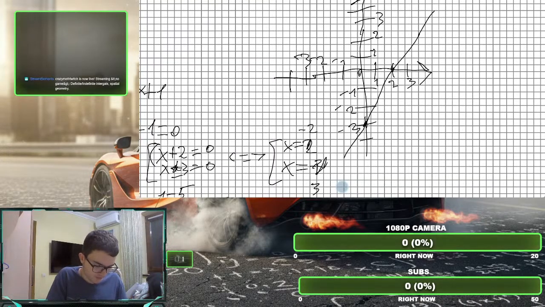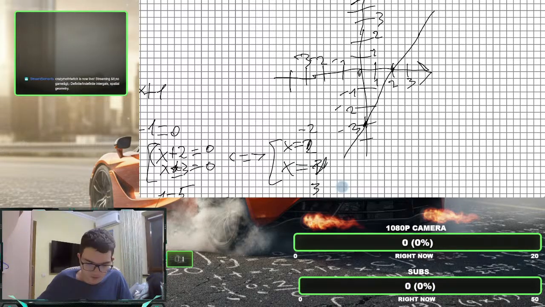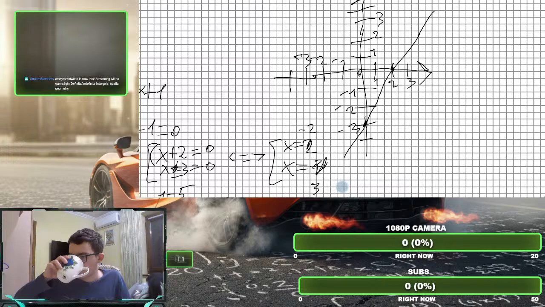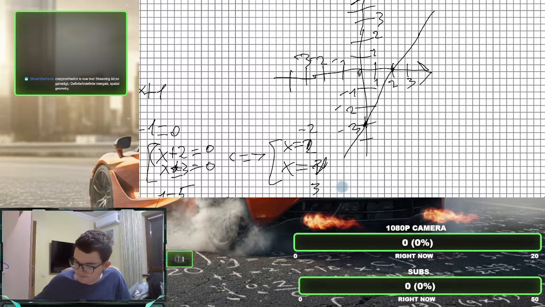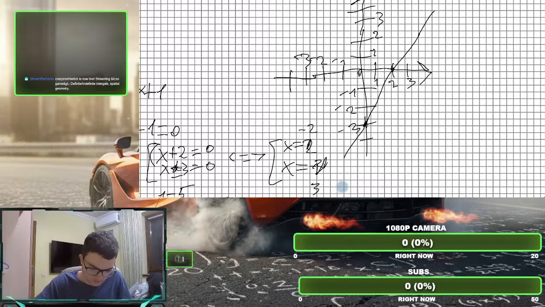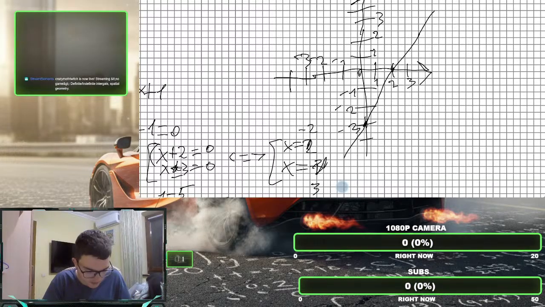Okay then, let's see how it is. Drink a bit of water. So back to what I was doing. Let's see if I have those formulas.